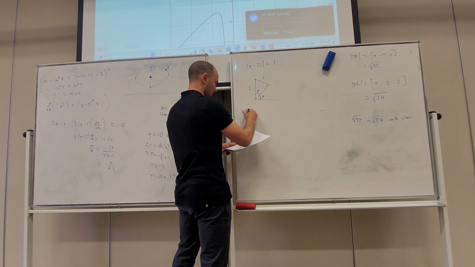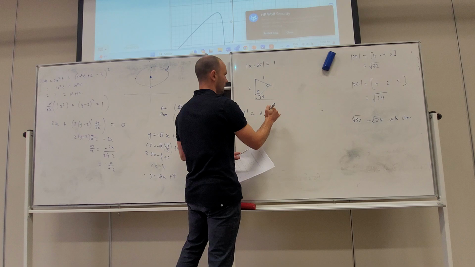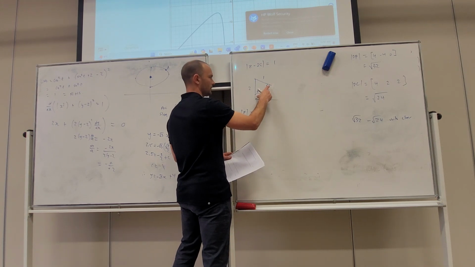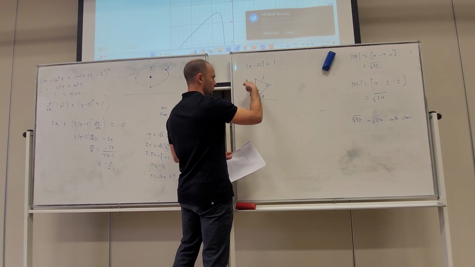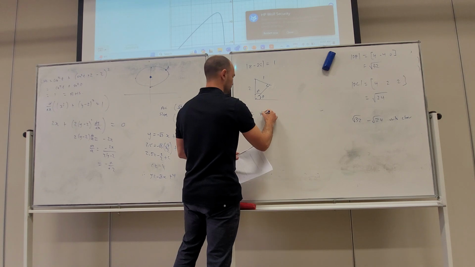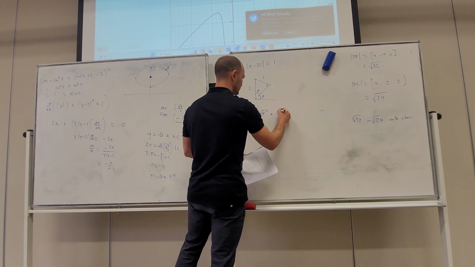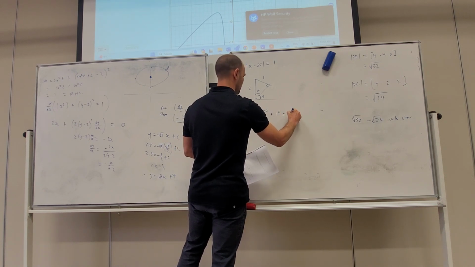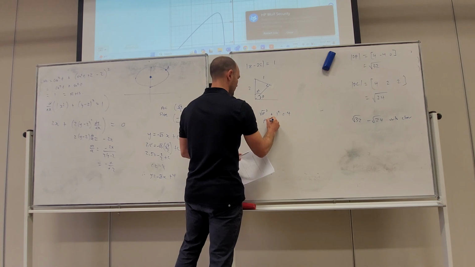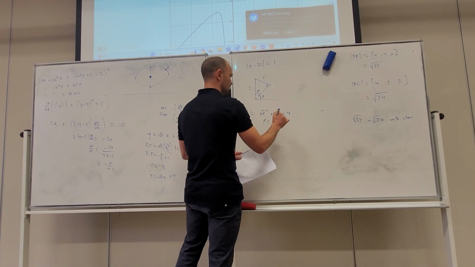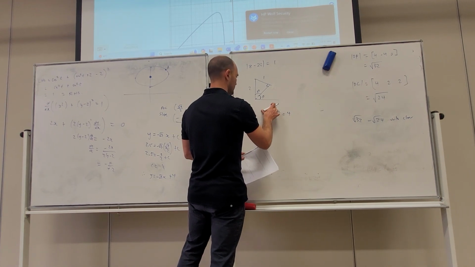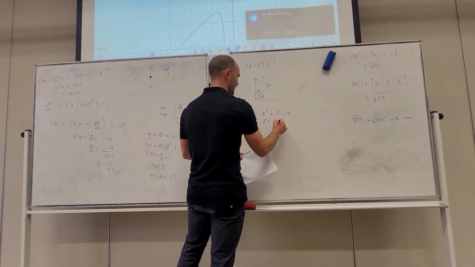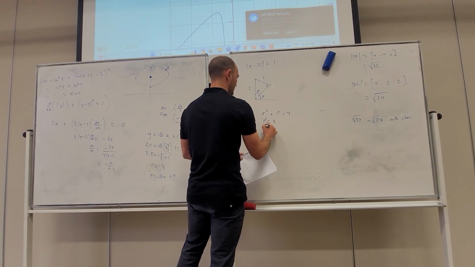So the modulus of P is the square root of P squared plus 1 squared is 4. P squared is 3, P is the square root of 3.